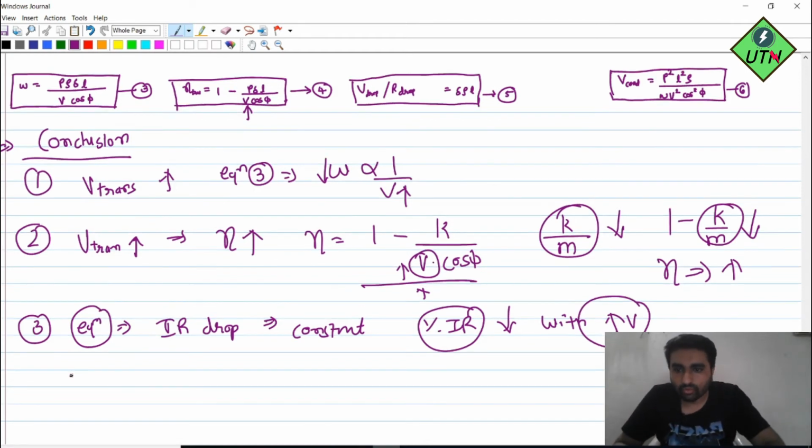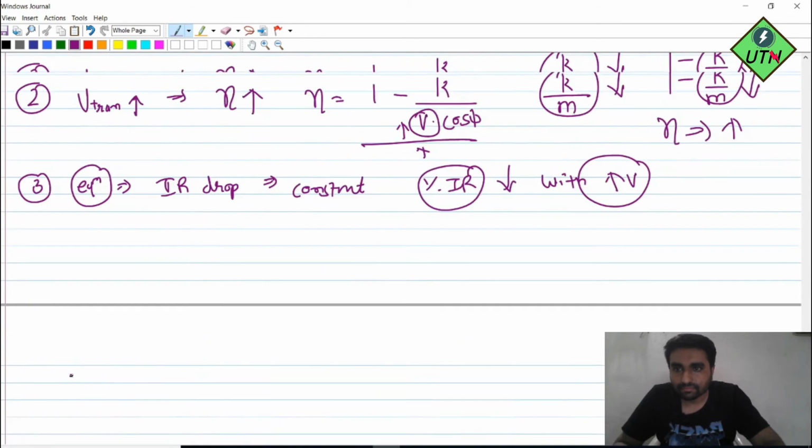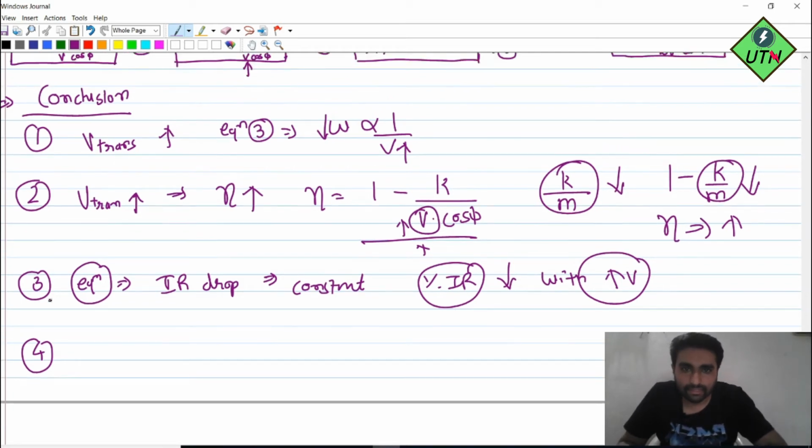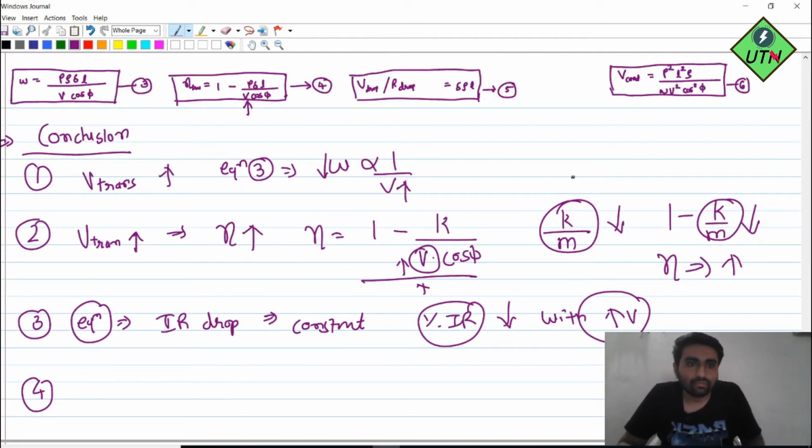The fourth advantage is from equation number 6 that we have. Here you can see that the volume of the conductor depends on the denominator of the voltage. That means the volume is inversely proportional to the square of the voltage.